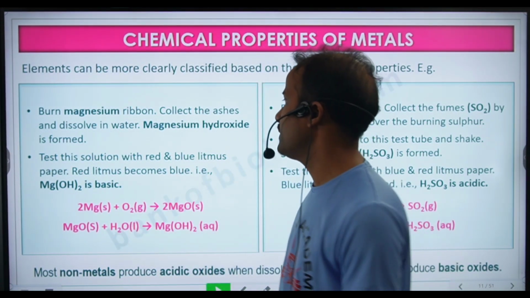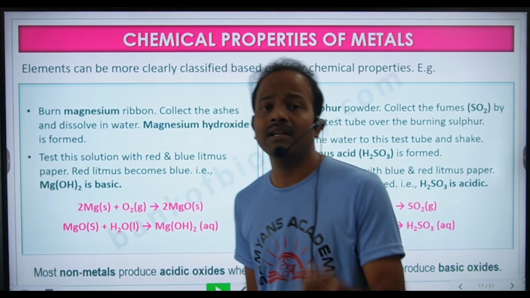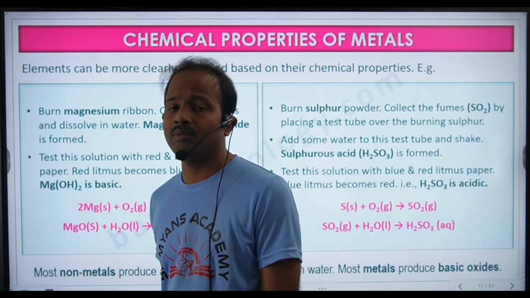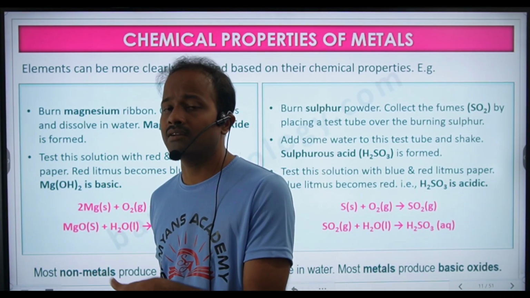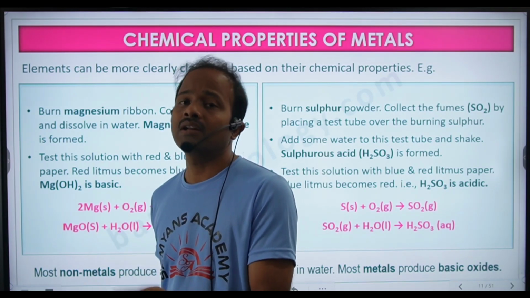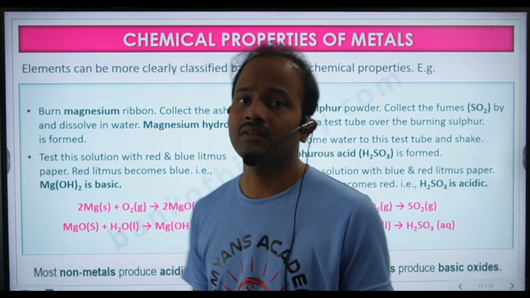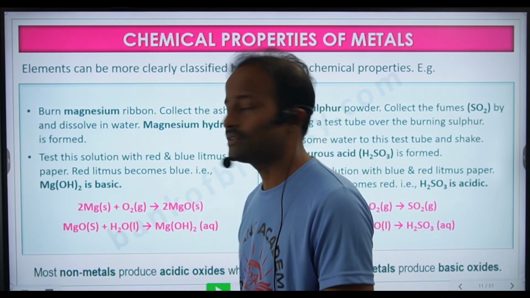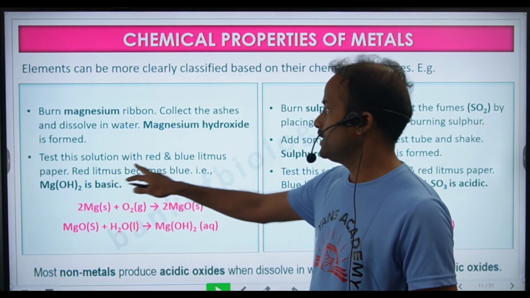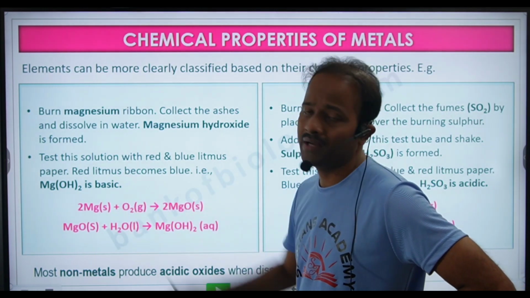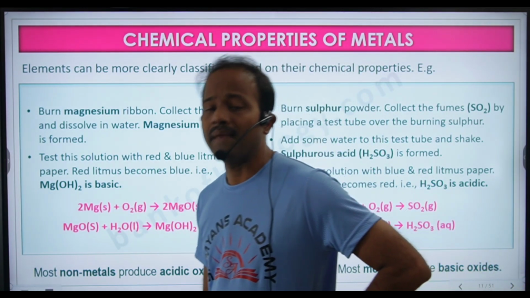How do you test this basic nature? Take red litmus and keep it in the magnesium hydroxide solution. The magnesium hydroxide converts the red litmus into blue, which shows that magnesium hydroxide is basic in nature. Test this solution with red and blue litmus. Red litmus becomes blue, so magnesium hydroxide is basic.